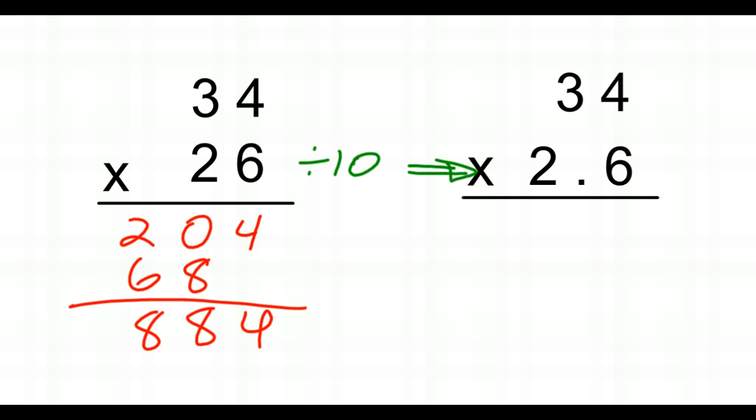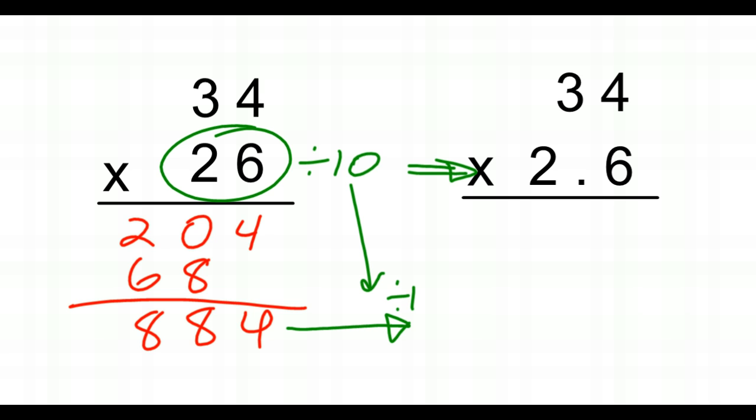And so if we're multiplying that same thing by 34, it should intuitively make sense that if we take one factor and divide it by 10, we should just be able to take our product and also divide it by 10 and get 88 and 4 tenths. We'll take a look at exactly how that works when we get to talk about it in class.